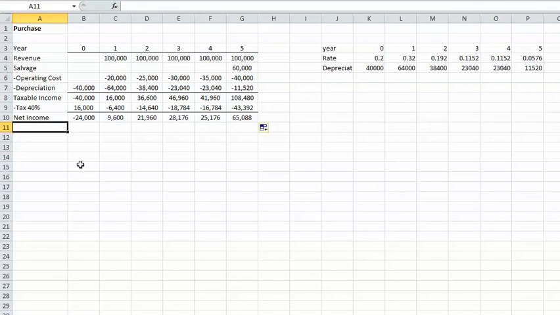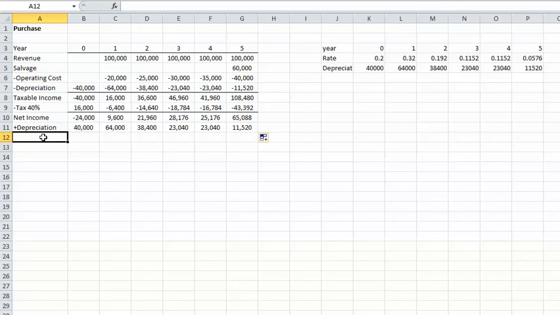Then we add back the depreciation, which is going to be this depreciation with a positive sign. It has a negative sign, so I multiply it by a negative sign.